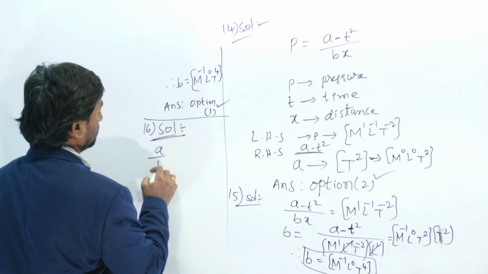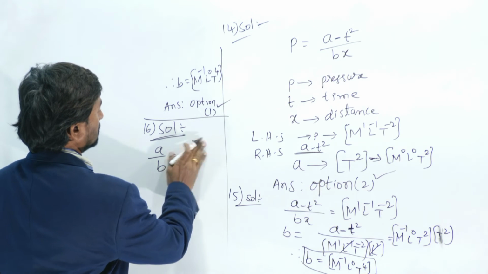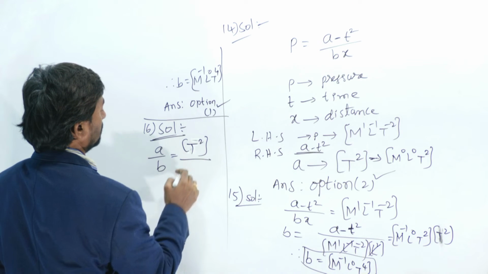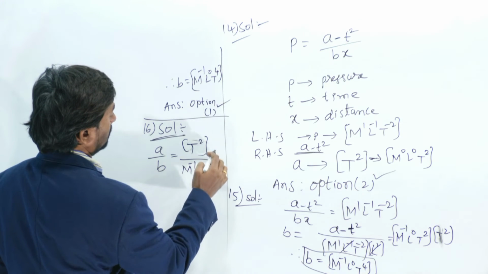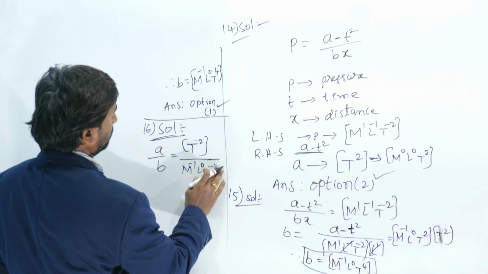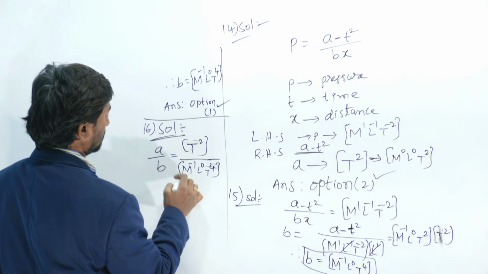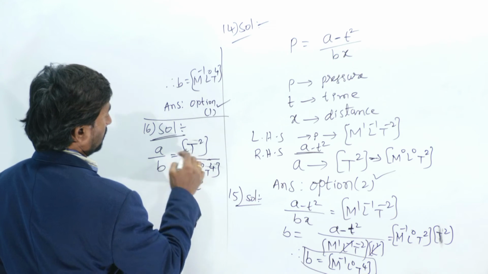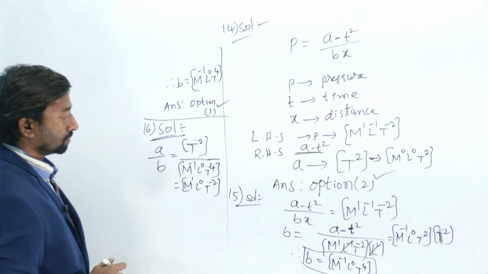They are asking A by B. A, we got, is T square, and its dimensional formula with B, M power minus 1, L power 0, T power 4. If you send this up, it becomes M power 1, L power 0 and T power minus 2.